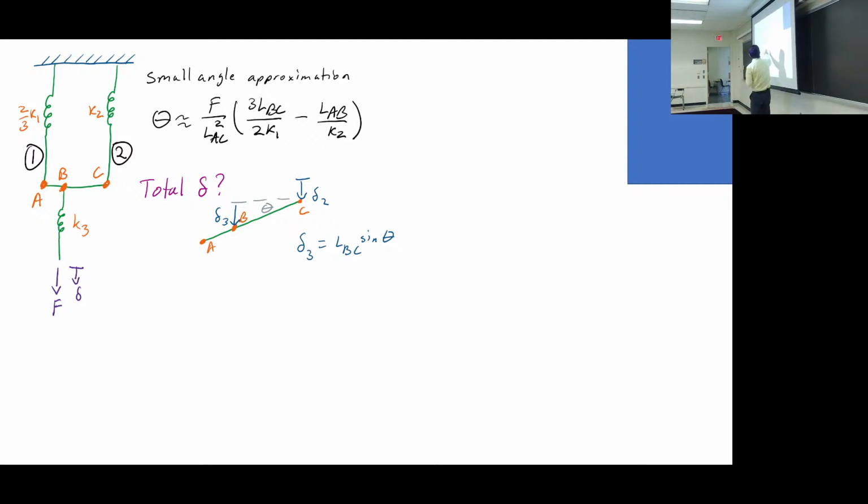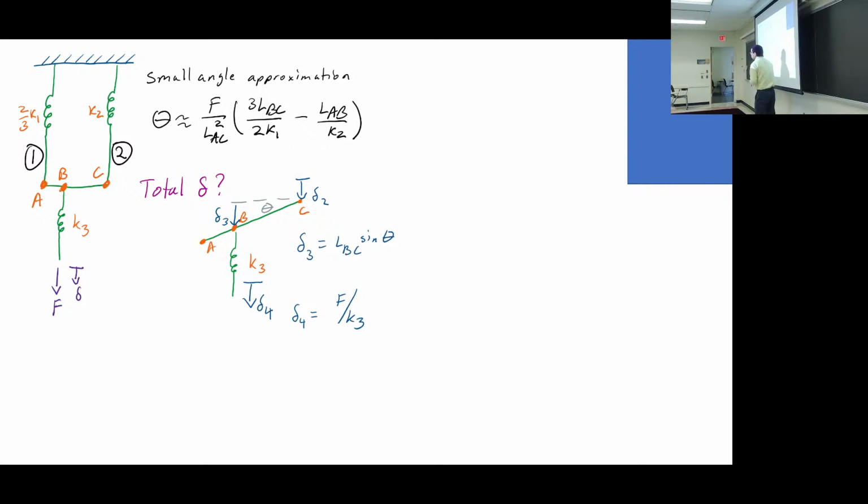And so we can think of delta 3 as just this hypotenuse times the sine of theta. Again, we can use a small angle approximation if we want here, because we said theta was small, so you just multiply them against each other. And then delta 4 at this end will be related to, well, that's this. Delta 4 is really just the displacement of this leg.